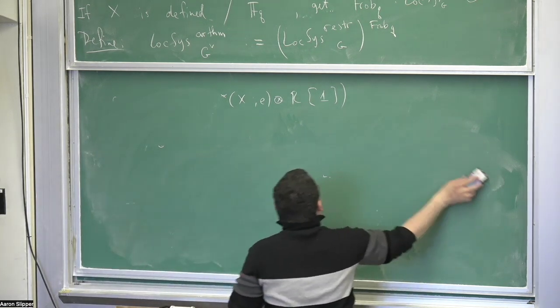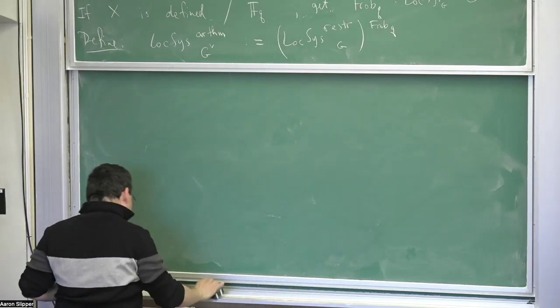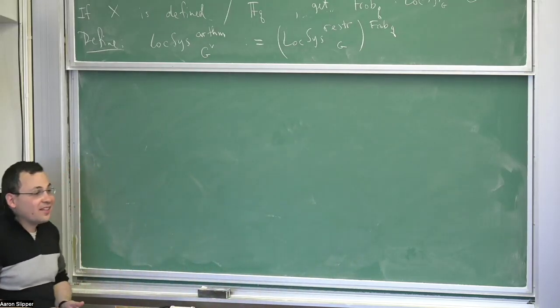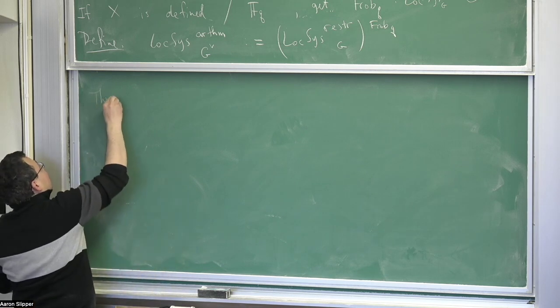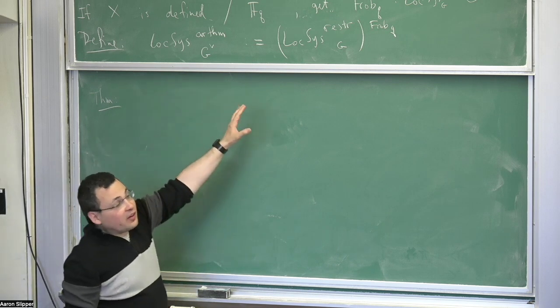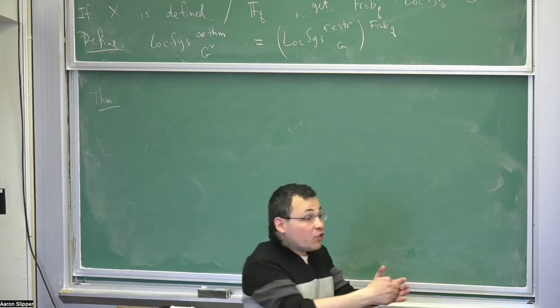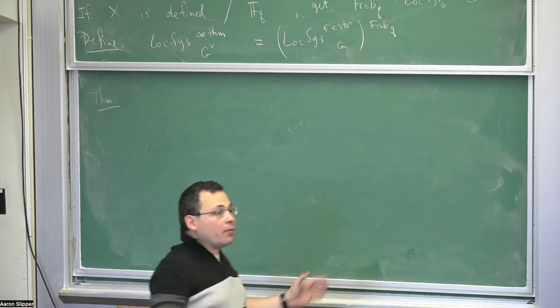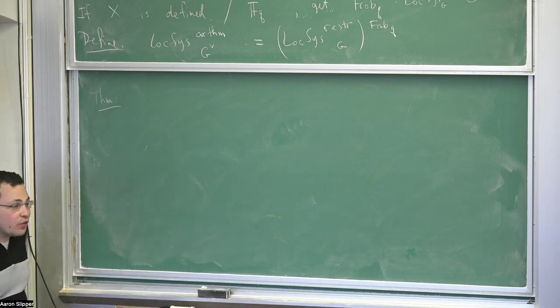There's some more good news. Even though it's built from this somewhat weird object with infinitely many connected components, each one looking like a formal completion of something, all of that goes away once you take the fixed points of Frobenius.